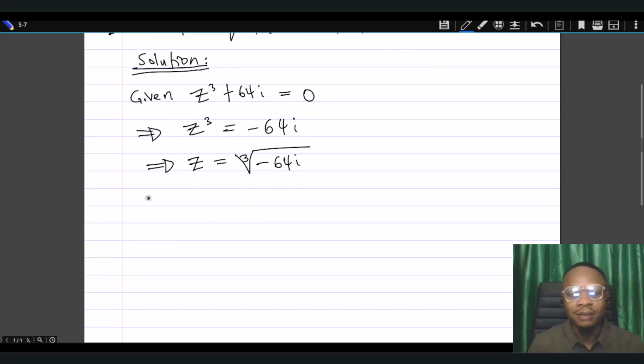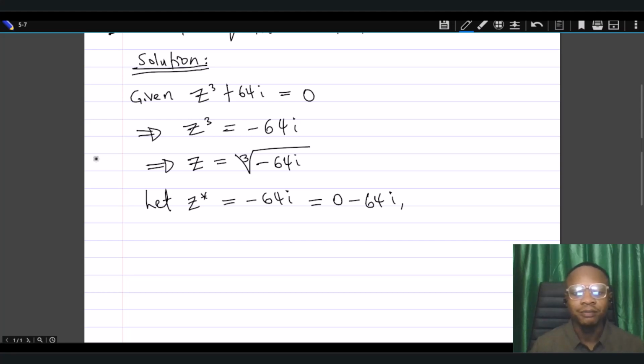So let's call that z star equal to minus 64i. We'll come back to take the root of that. Of course, this is equal to 0 minus 64i, implying that the real part of this is 0.